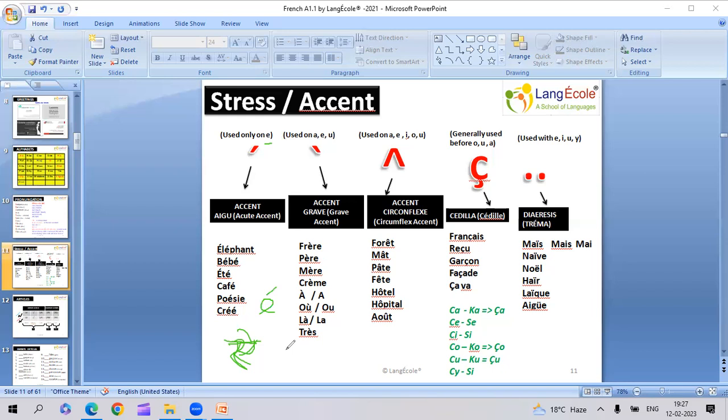That means the rule of the silent e will not be applied in this. So if this is there at the end of the word, it will be pronounced completely. The previous rule is not applicable. It has changed now.